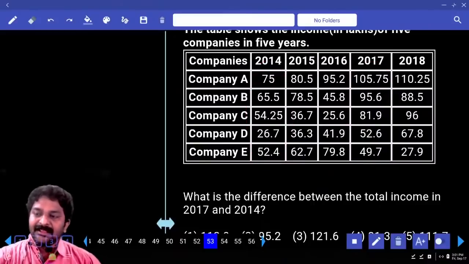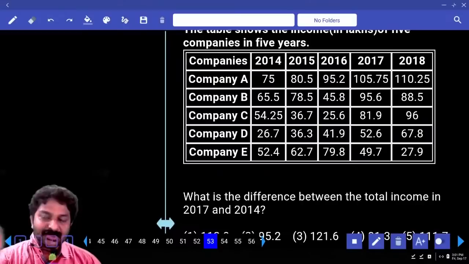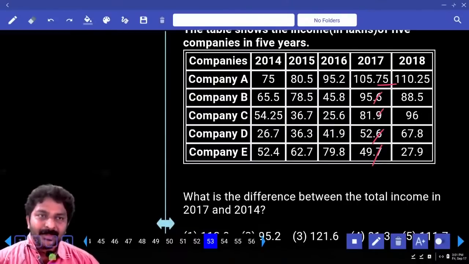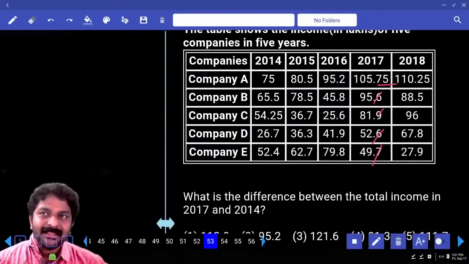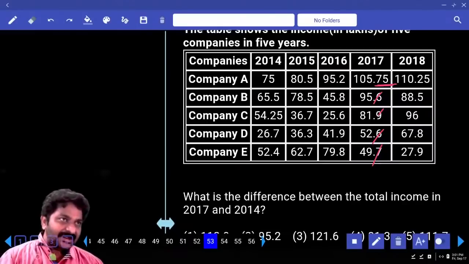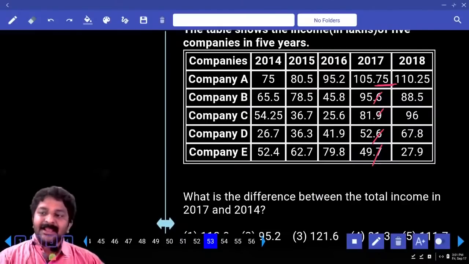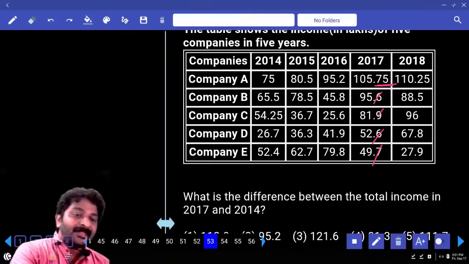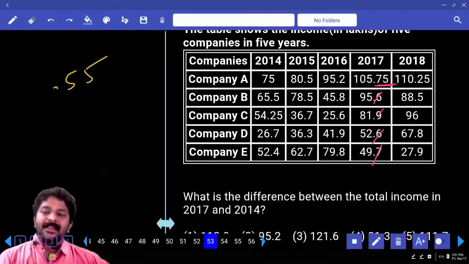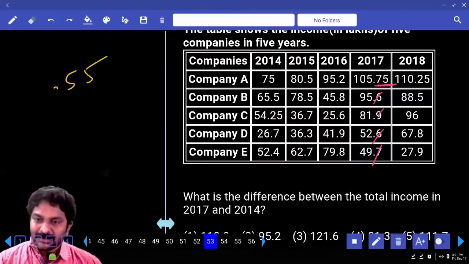So let us take the number after decimal for 2017 first. 7.5 we have, keep it aside, I will consider that later. Plus 7, so far it is 0.8 only. After decimal, 0.8 or 80. 80 plus 75, 155. That means after decimal only. Right, now come to 2014 values.